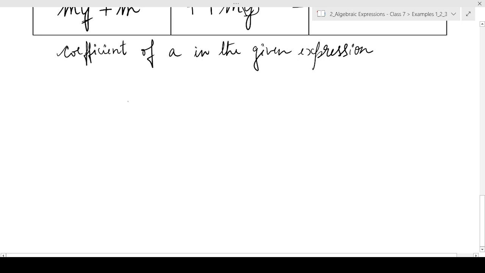And the given expression is, let us say, 4a plus 3b minus 2c plus 10. Okay, so this is the expression that is given. So how many terms are there in this expression? This is a 4-term expression.